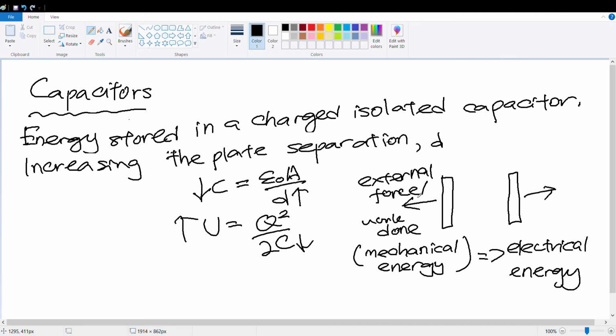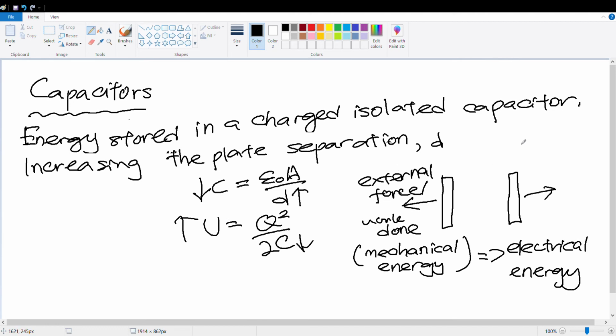Okay, so this is the first factor. I repeat again. From the formula, if the plate separation is increased, the capacitance of the capacitor will decrease. The decrease in the capacitance will cause the electrical potential energy to increase.